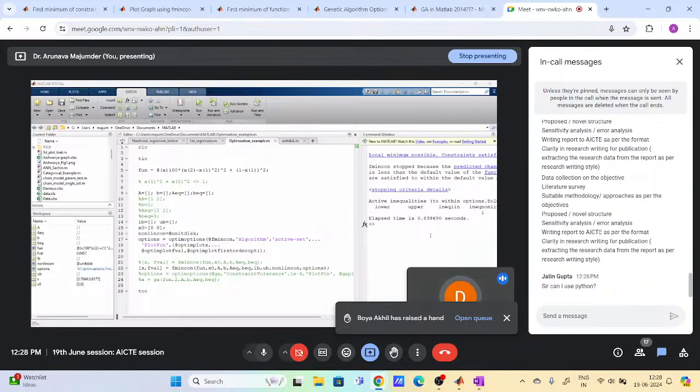If you use MATLAB, the difficulty level will be easier, everything is there. If you use Python, it is open source, but you need to search and collect the different programs and then apply them. So using Python is also okay.